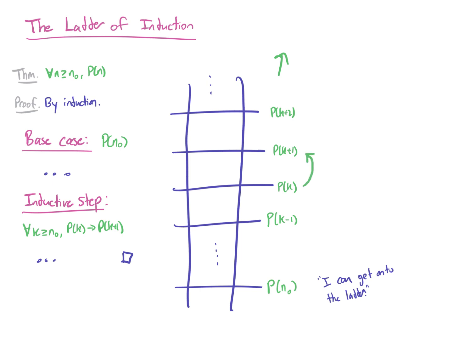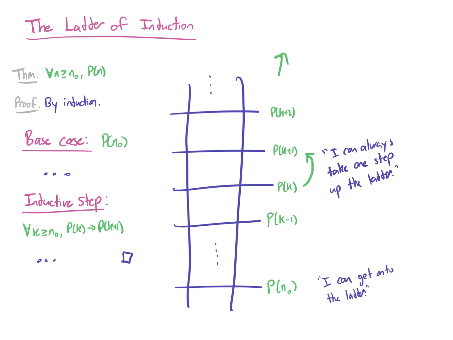So in other words, not only can I get onto the ladder, but I can always take one step up the ladder. This means no matter how large a k I'm looking at, I can always get there, because it's always possible for me to get on the ladder and then climb one step at a time until I get to however high a value of k I want to reach.